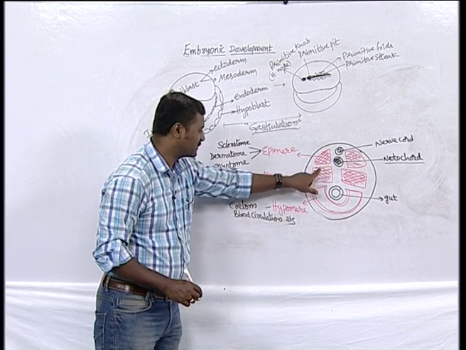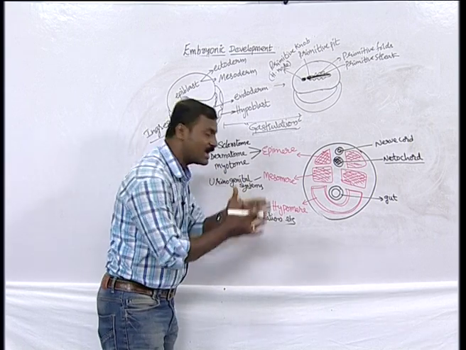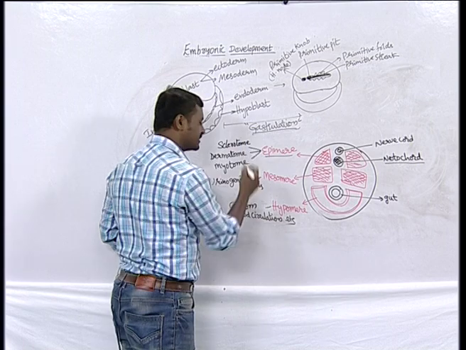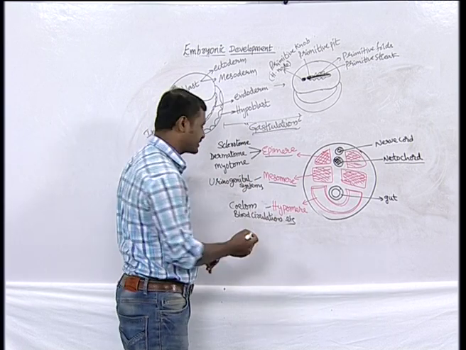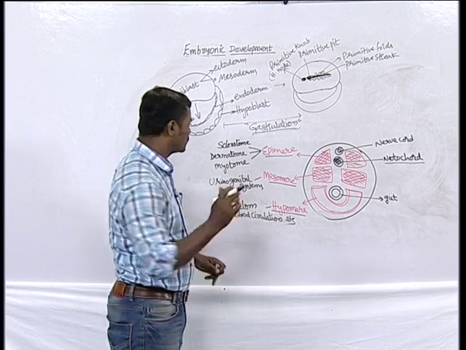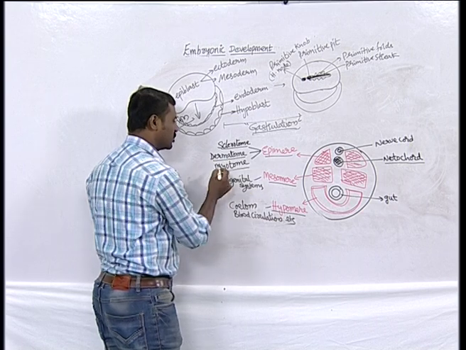Another is called mesomere, which is in the middle, and another one is hypomere, which forms cavities. Epimere is a solid structure, mesomere is also a solid structure, but hypomere is not like that, it is a cavity.